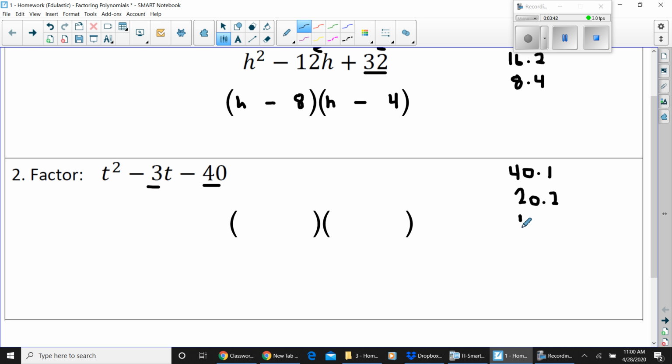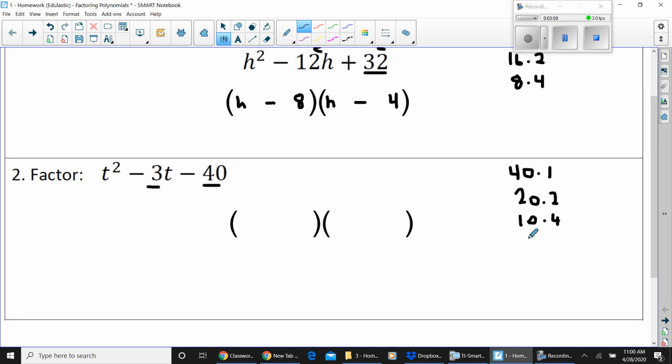So now I'm going to go 10 times 4. 10 times 4 is 14 if you add them, and this is 6 if you subtract them.